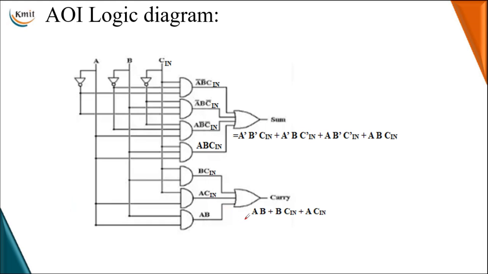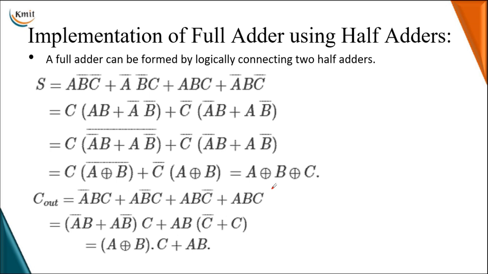Next, the output carry is the addition of three product terms AB, BCin and ACin, hence we use three AND gates with one OR gate. Feeding the outputs of the three AND gates to the input of the OR gate, we implement the carry output function of the full adder.